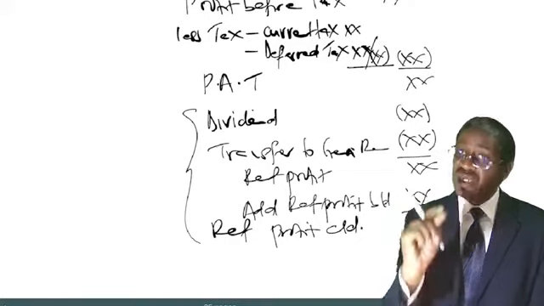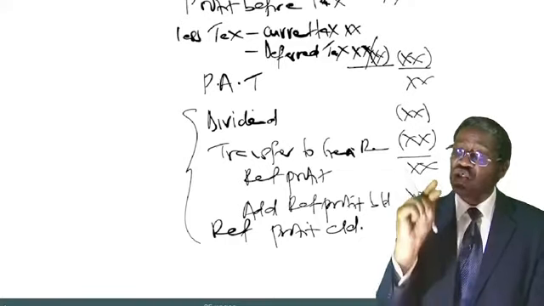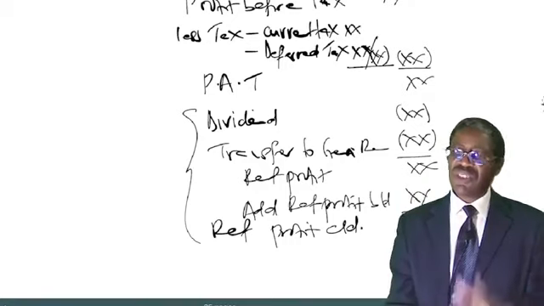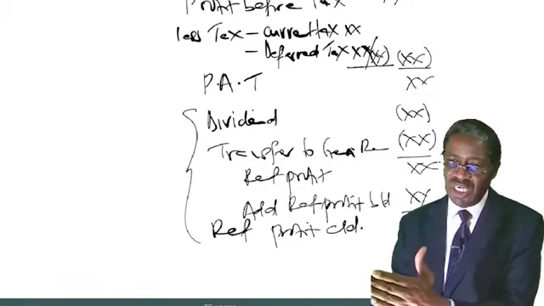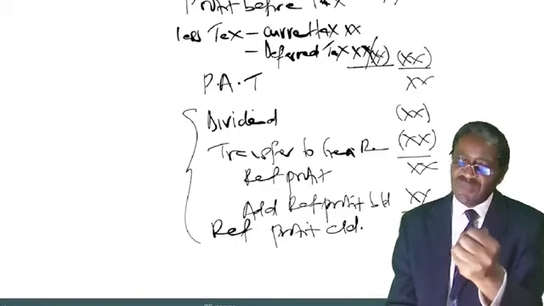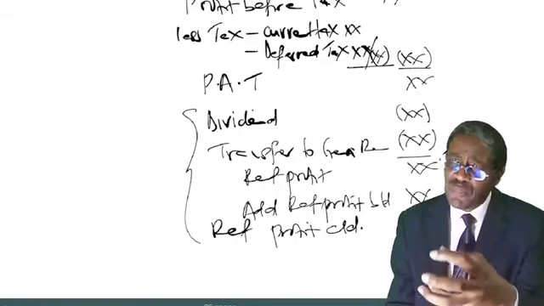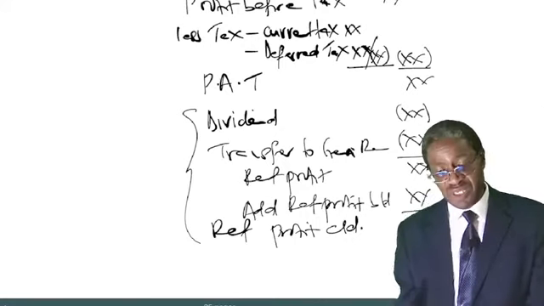We have said one of the components that should be included in a complete set of financial statements is a statement of changes in equity. So that's where, and many other things we shall be doing, you now do this appropriation of the profit.